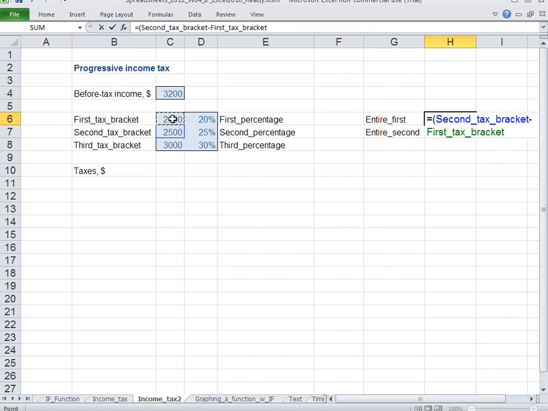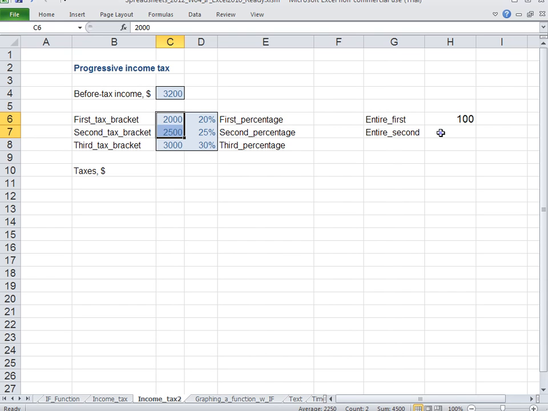We take the difference, which is 500, we close the parentheses, and we multiply it with 20%. And here it is. This is the entire tax that has to be paid. If your sum is over, you have to pay the entire tax on that difference.